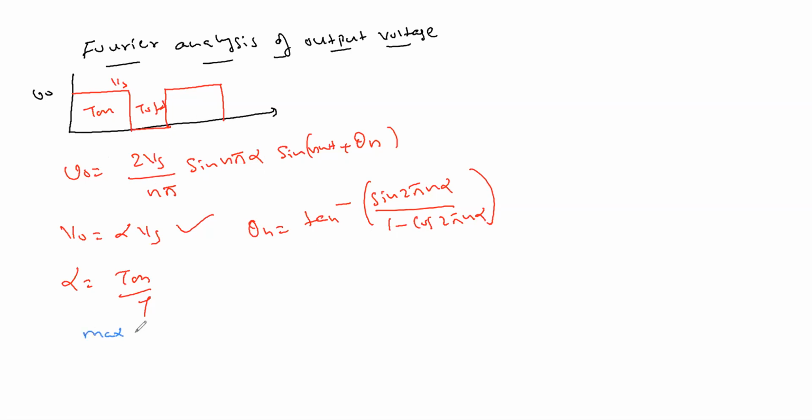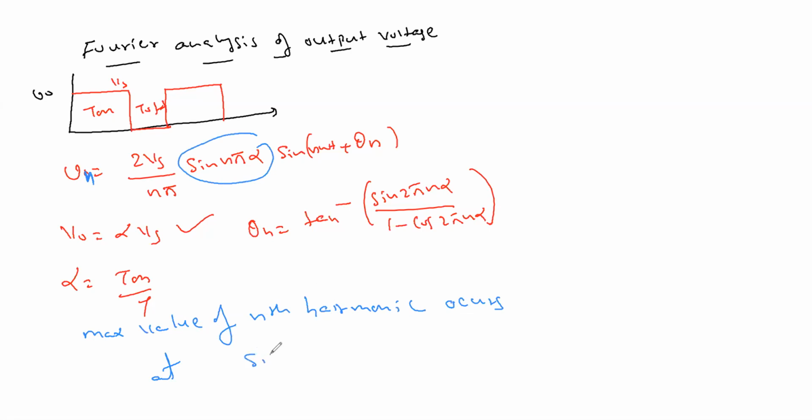This is important: the maximum value of the nth harmonic, Vn, occurs when sin n pi alpha equals 1.